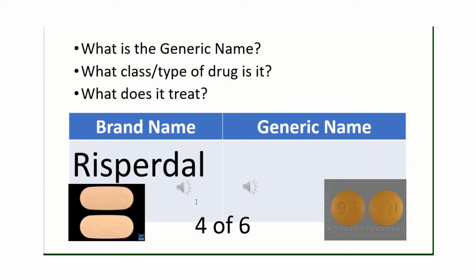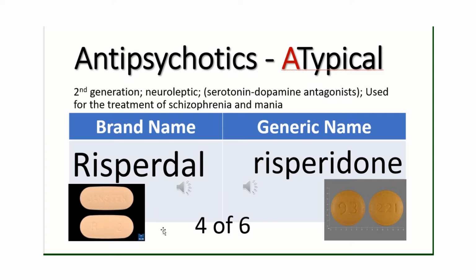What is the generic name for Risperdal? What type of drug is Risperdal? What does Risperdal treat? The generic name for Risperdal is risperidone.